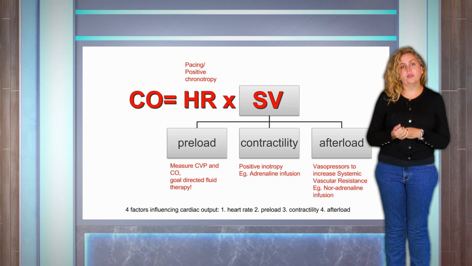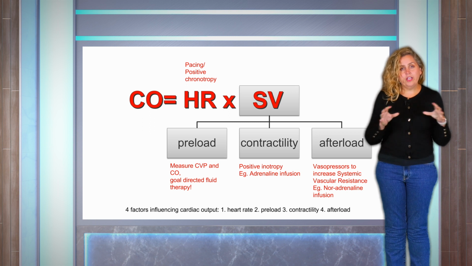If we've got an issue with an afterload that's too low, we need to give our patient vasopressors to increase the systemic vascular resistance. So decrease the diameter of our arterioles, for example, so that there's a higher pressure that the heart needs to beat against, which will increase the perfusion to the rest of our body.